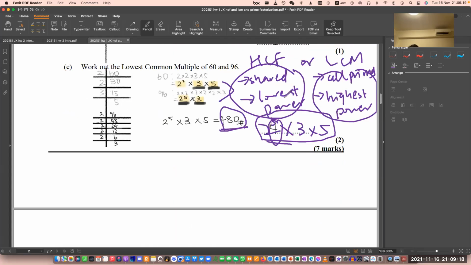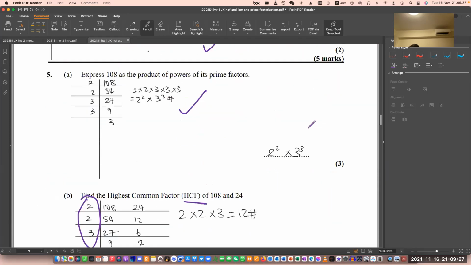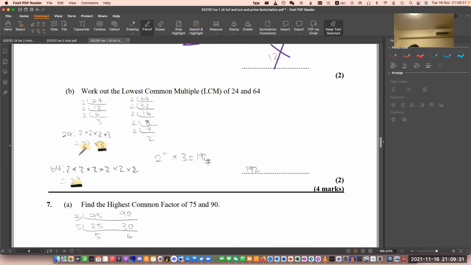You could have gotten the answer pretty fast if you make use of these two tips after the prime factorization. Very, very simple stuff. So if I look at this, if this is correct, LCM means I see these two primes and then choose the highest. Yeah, correct.